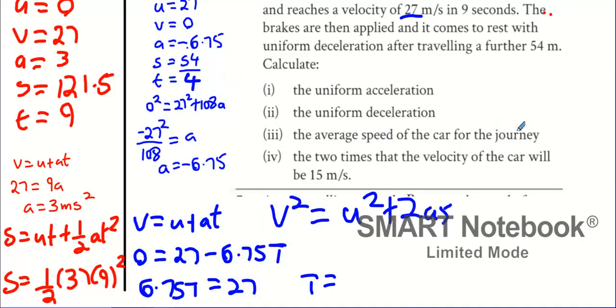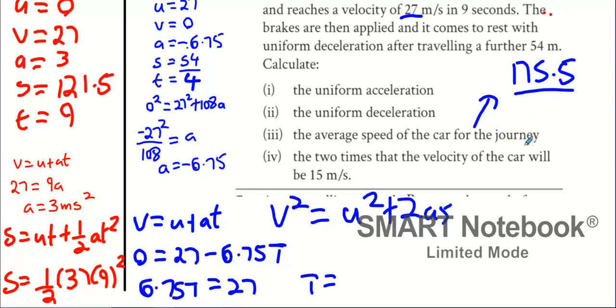Now, to get the average speed of the car journey, this takes you back to Junior Cert. Do you remember your DST formula? We're going to do distance divided by time. What's the total distance? 54 plus 121.5. What do you get? Yeah, 175.5.